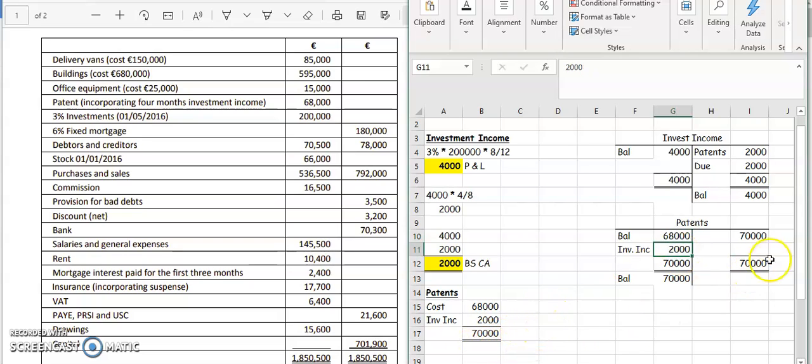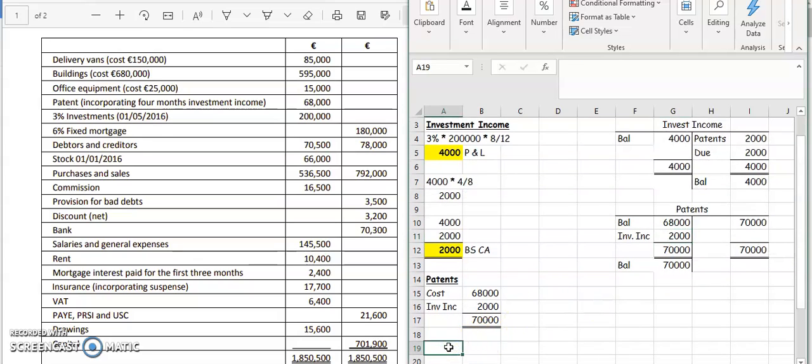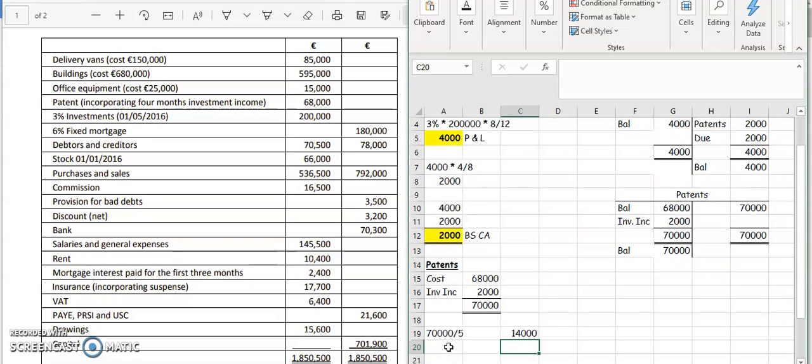Now it tells in the question that this patent is going to be written off over 5 years. So 70,000, divide that by 5, is going to give us 14,000. So each year, your patents are going to reduce by 14,000.